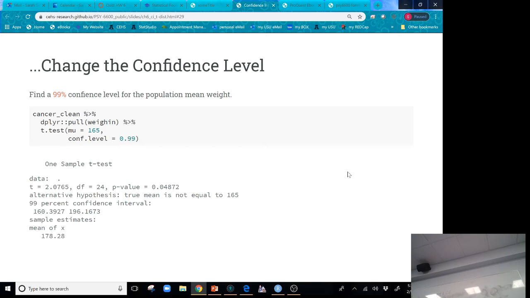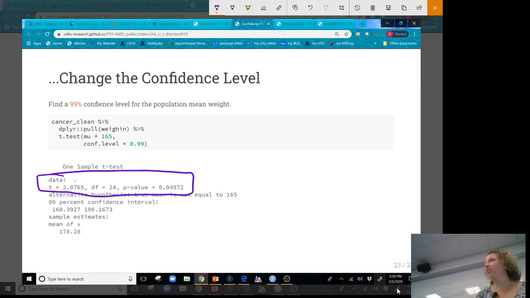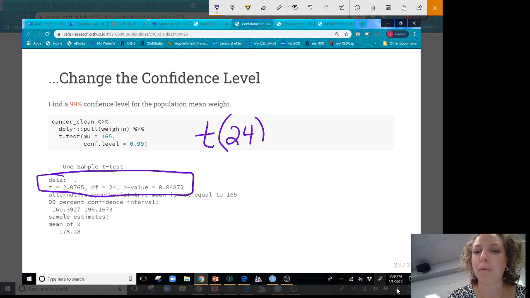Okay, so how would we write that one in a sentence? Just the numbers, not the words, but how would we write this set of results? We would put the T, and then parentheses, 2 for parentheses, equals, and we usually put a space on either side of our equal signs.